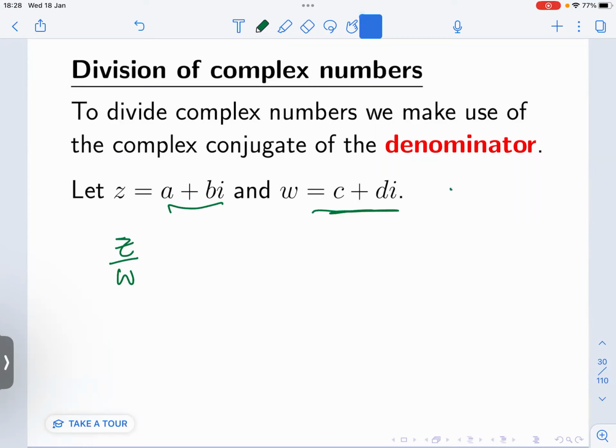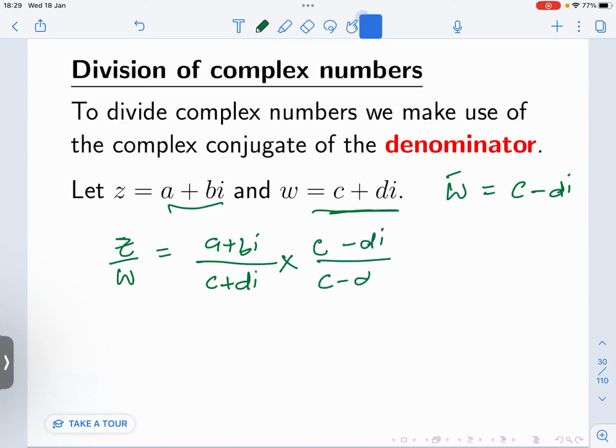That means that the conjugate of W is just c - di. Now to calculate Z over W, this is just (a + bi) over (c + di) times, we multiply both the numerator and the denominator by the conjugate of the complex number in the denominator. In this case, we have (c - di) over (c - di).